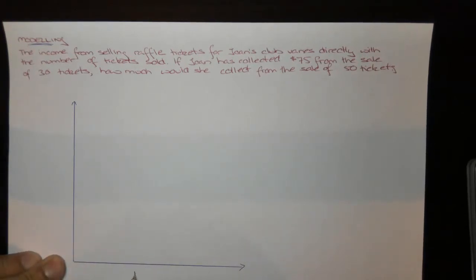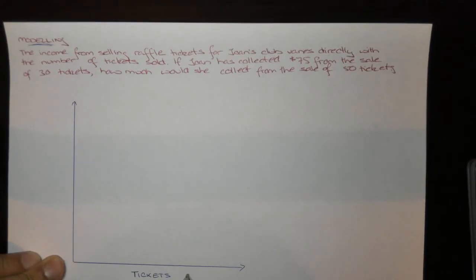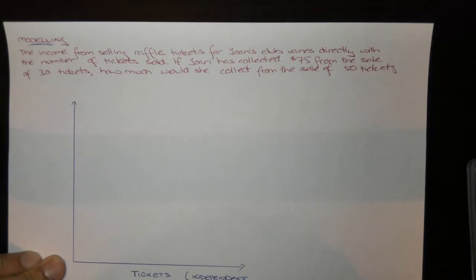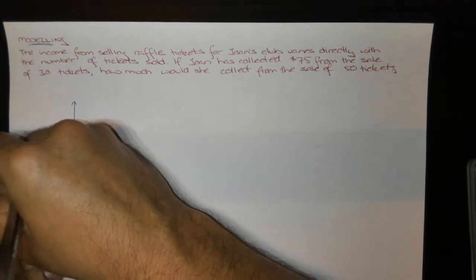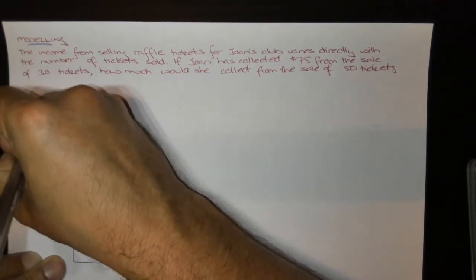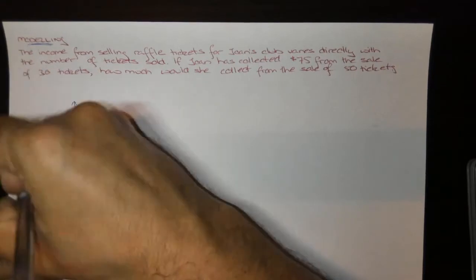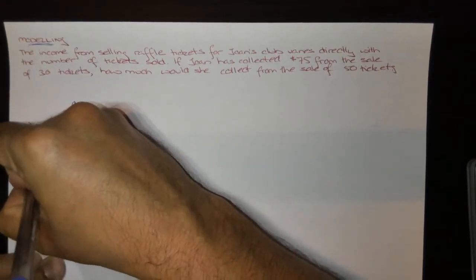So here, I'm going to keep my tickets as my independent variable. And the money I raise, or the money raised, is the dependent variable.